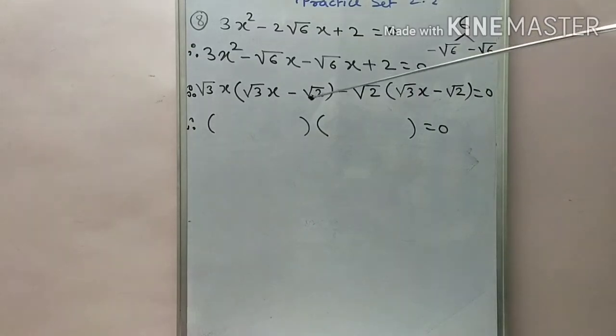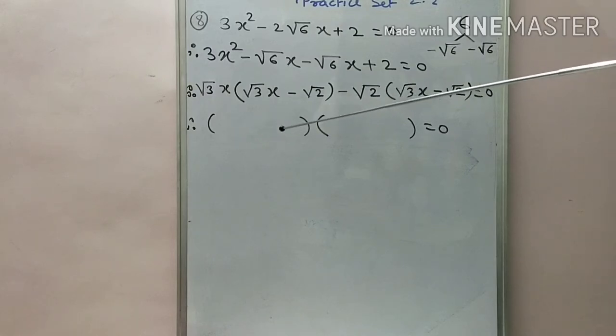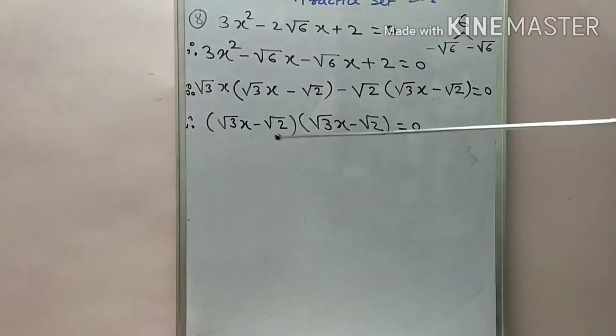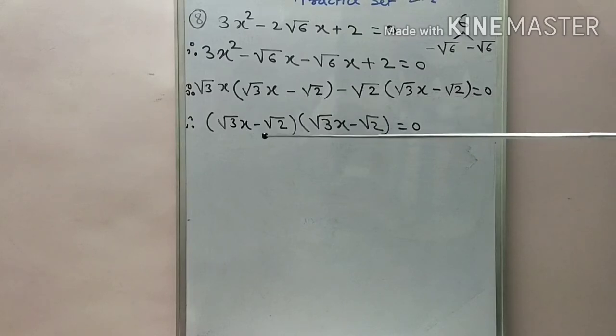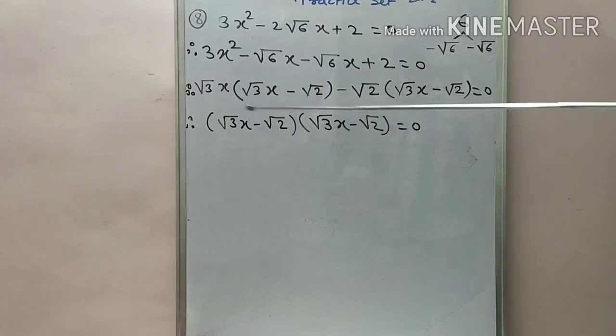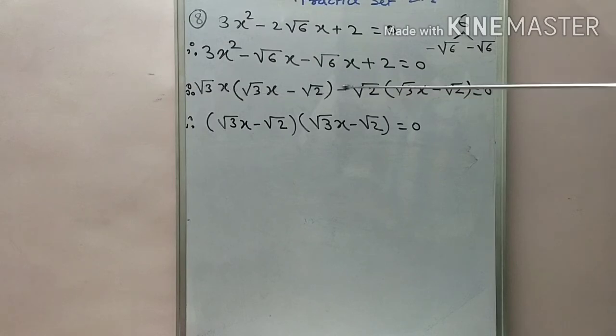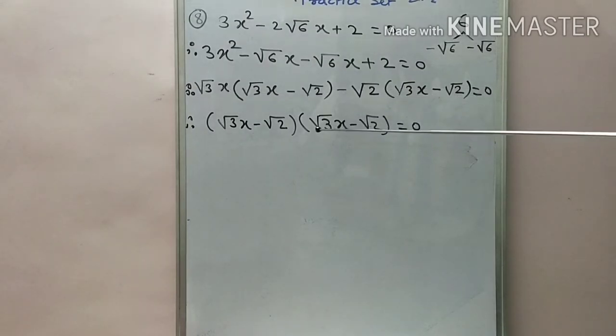This common bracket we write down only once in this bracket, and the remaining terms in the second bracket. Like this: root 3x minus root 2 in the first bracket, that is the common one, and the remaining terms, root 3x minus root 2, again here in the second bracket equal to 0.